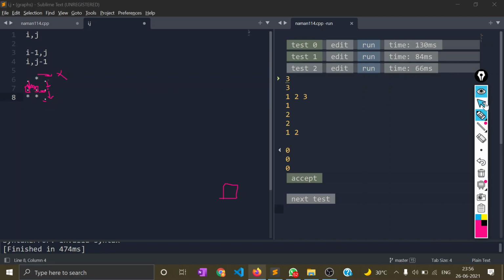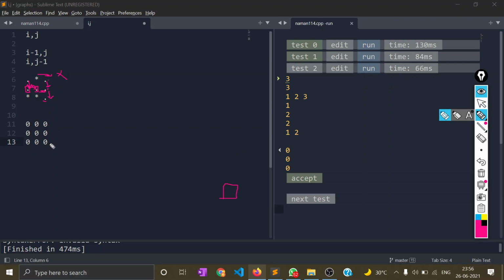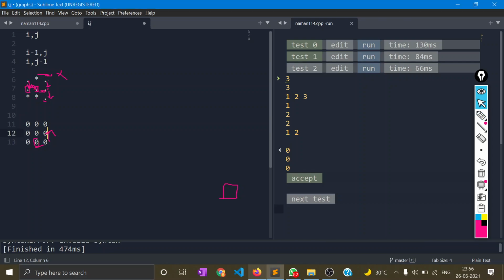What I would be doing is maintaining a DP array of size 3 by 3 filled with zeros initially. I can get from here, or here, but I can't get to here because it is a trap, so I can get to here. I would be replacing it with plus one. Similarly, for this also I would be replacing it with one, and this as well with one.